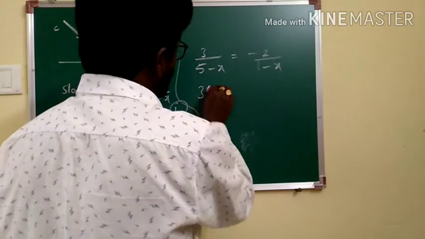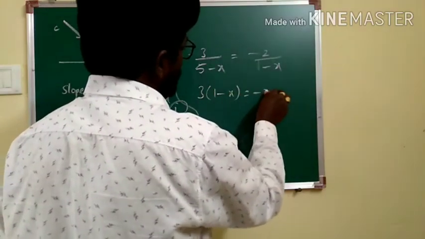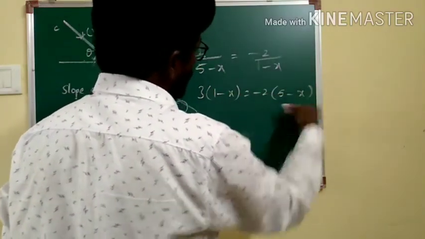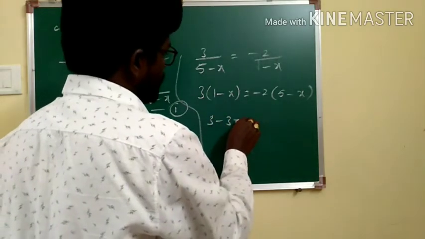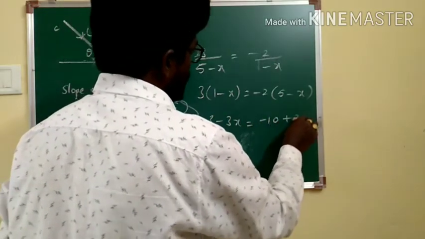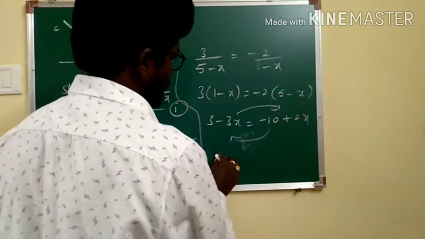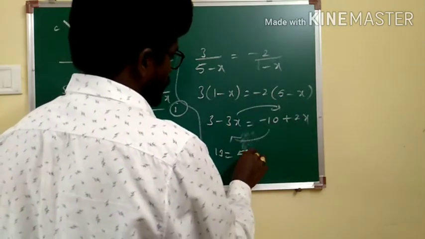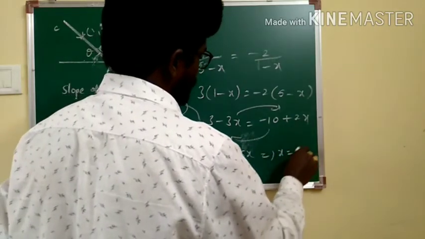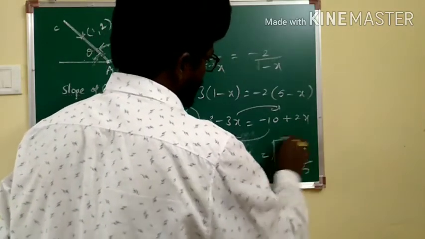Go for cross multiplication. 3 into 1 minus x is equal to minus 2 into 5 minus x. 3 minus 3x is equal to minus 10 plus 2x. Transpose this to the left side and this one to the right side. 13 is equal to 5x, that is x is equal to 13 by 5.